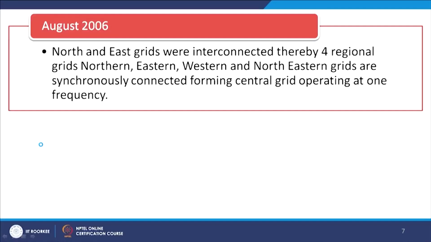In August 2006, north and east grids were interconnected, thereby the 4 main regional grids, that is northern, eastern, western and northeastern grids, are synchronously connected, forming a central grid operating at one frequency, considered to be a great achievement during 2006.